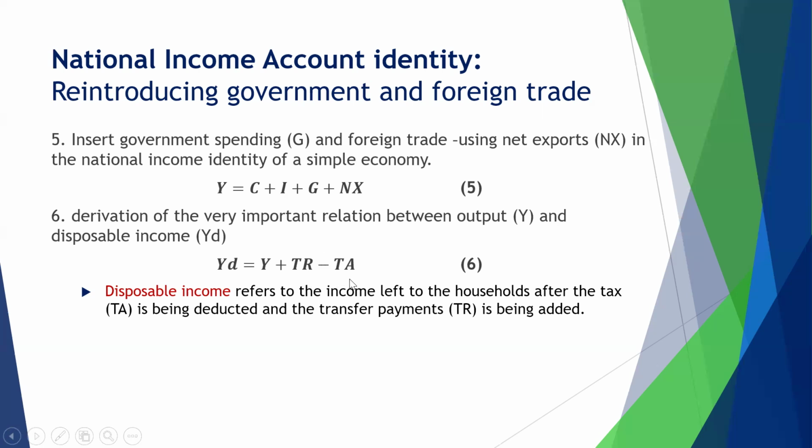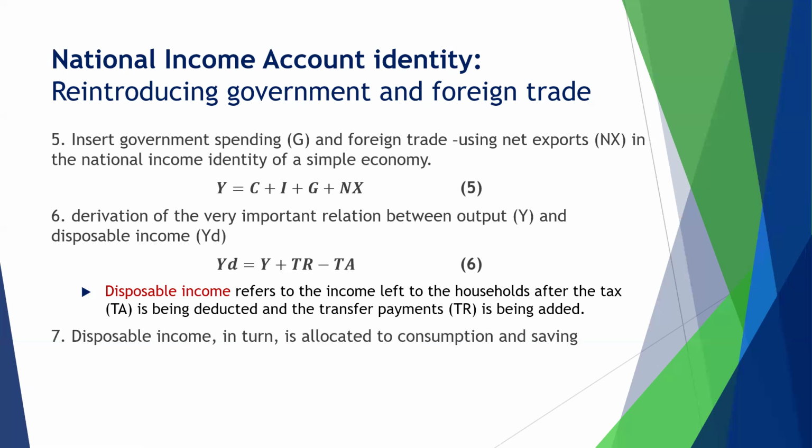And we deduct tax because, of course, there is now government intervention, so the government will impose tax. And again, we're talking about disposable income, which is the net income after tax. That is why we deducted tax here. On the other hand, this is the other formula. We have the alternative formula in a sense that we are going to use our disposable income.